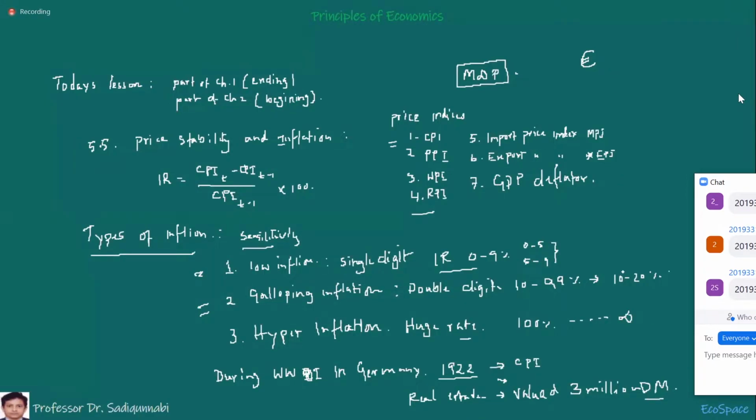But before the European Union, Deutschmark was the currency of Germany. Suppose you buy real estate for 3 million Deutschmark. Can you imagine what happens to these 3 million Deutschmark in 1923? In 1923, you can buy a candy with that money. A candy means a lozenge of chocolate.